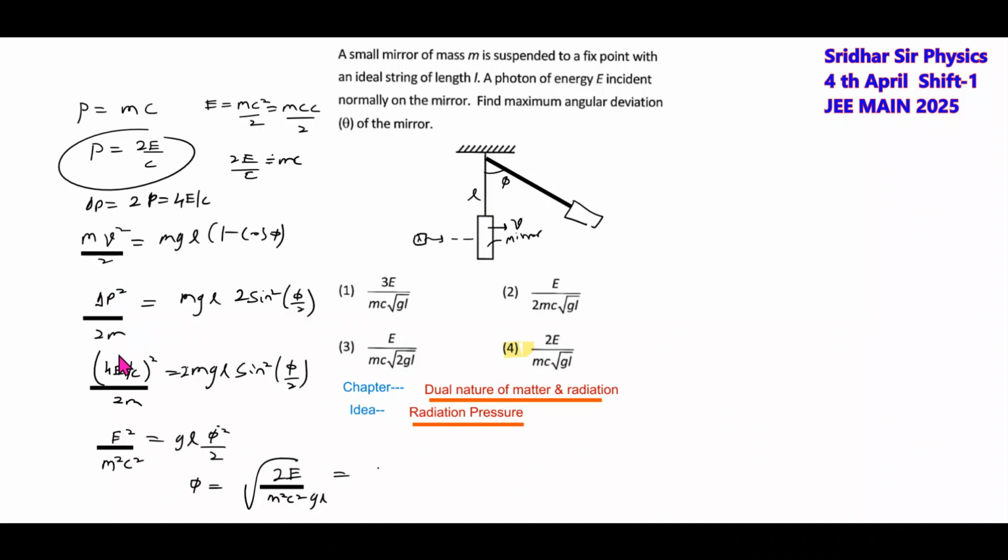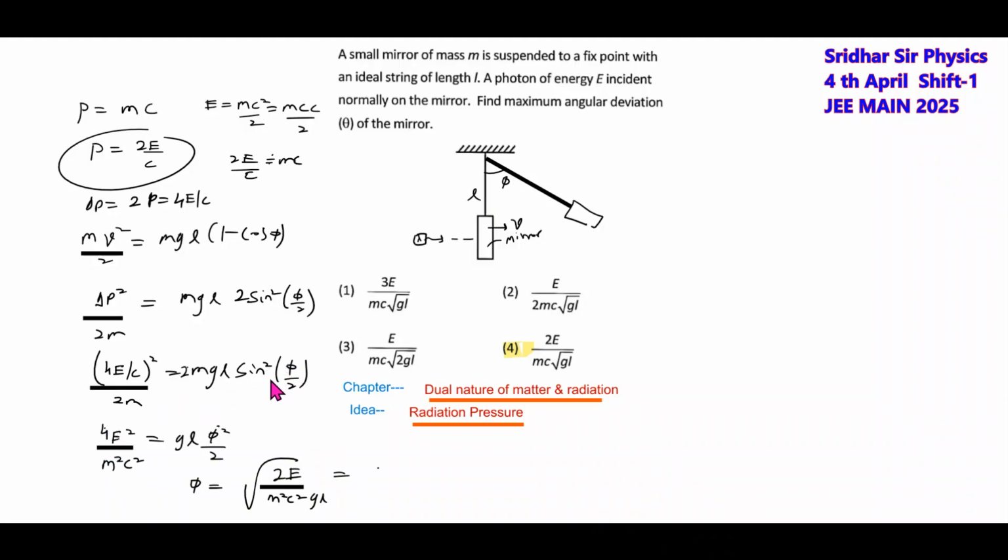Delta p square, we will assume like this. 16 will be 4. Yeah. Four will come, 16, this will be 4.